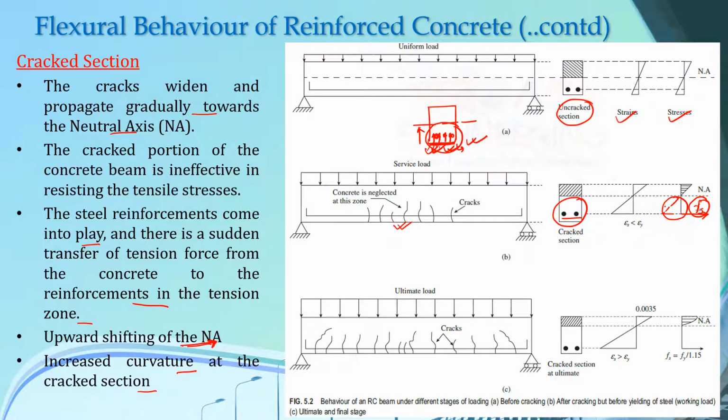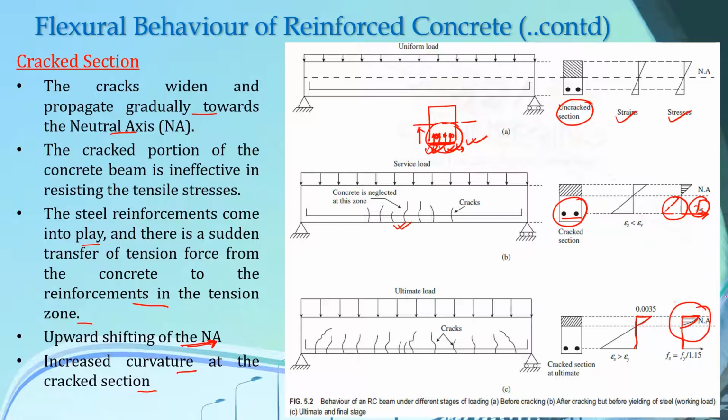And finally, as the cracks widen and propagate towards the neutral axis, this is the strain diagram. Now this linear stress diagram changes into a different non-linear shape. This is known as the stress block.